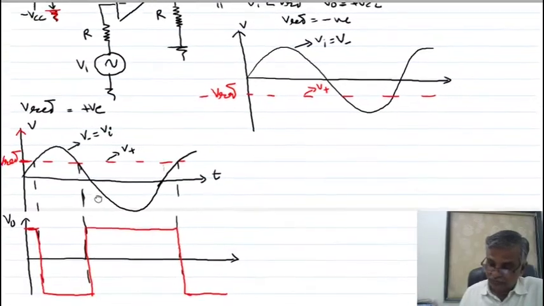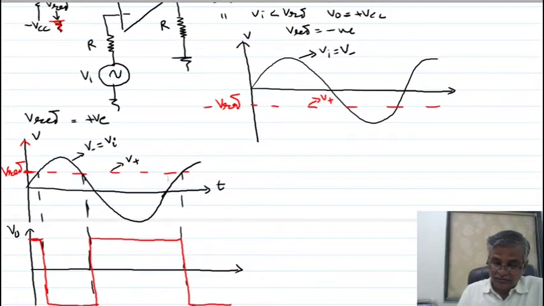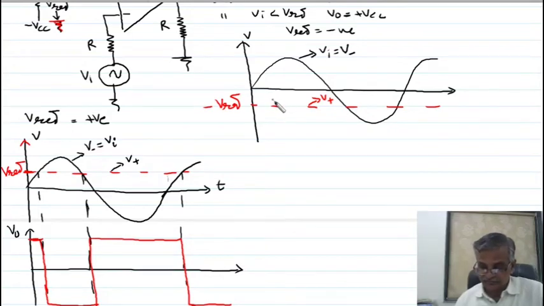You know, when the input signal is less than V reference, then output is positive here.